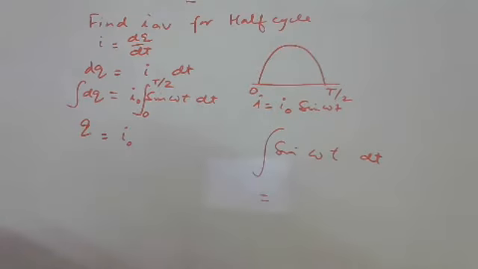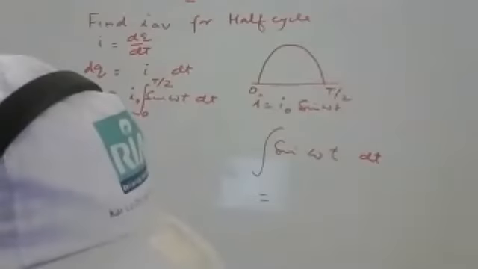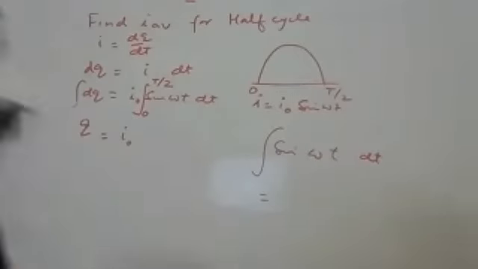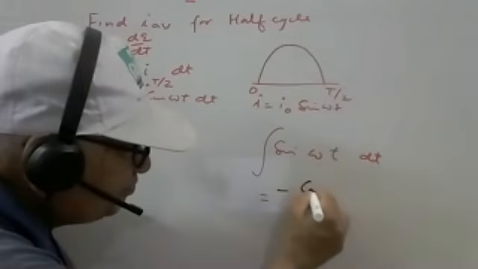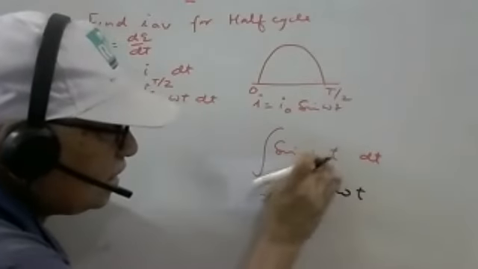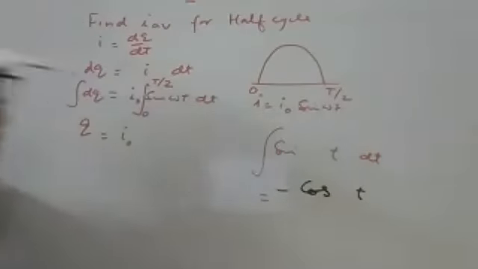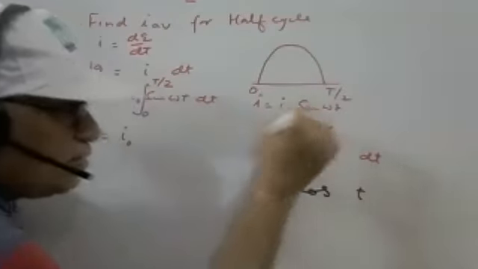Cos omega t is the wrong answer. It is minus cos. We are not differentiating it, we are integrating it. If it were only t, then your answer would be correct. But it is not t, it is omega t. You have to think about this also.